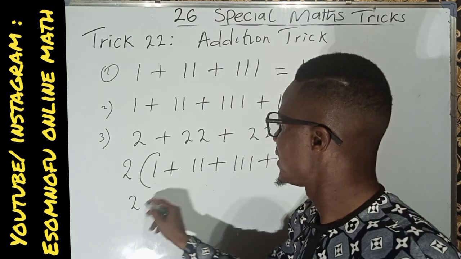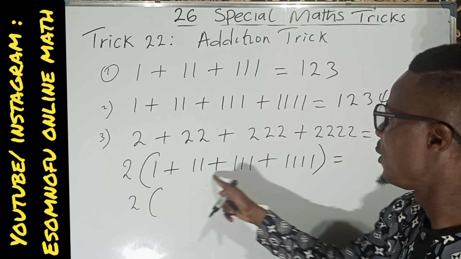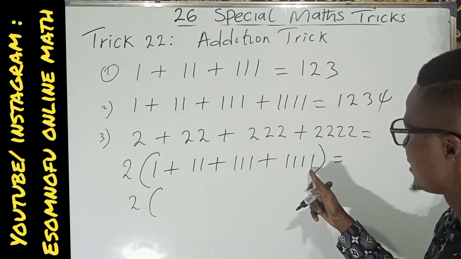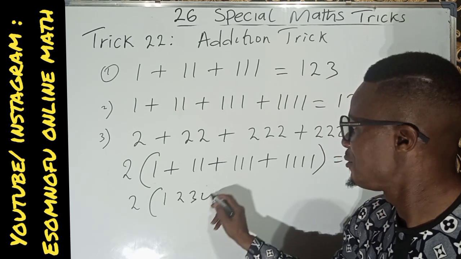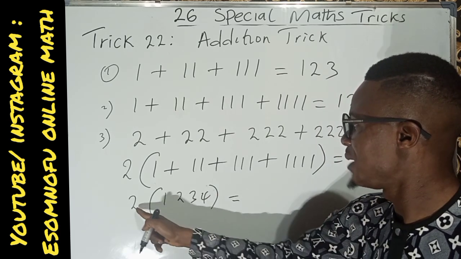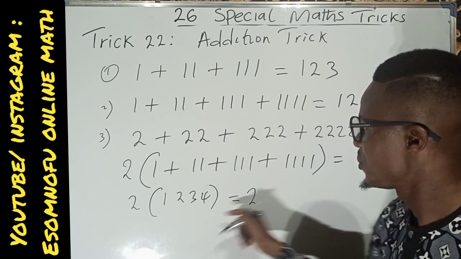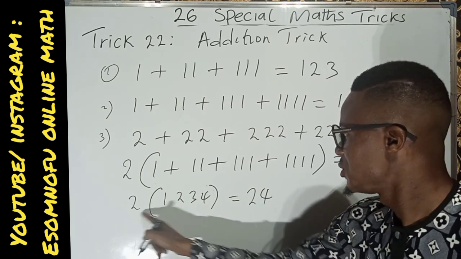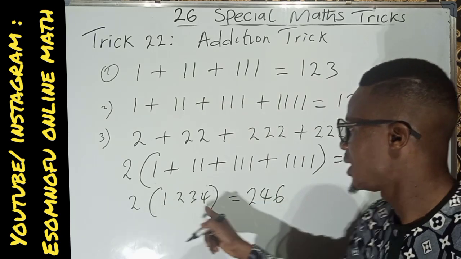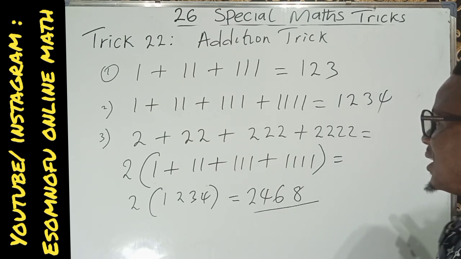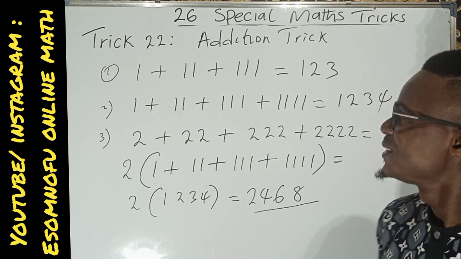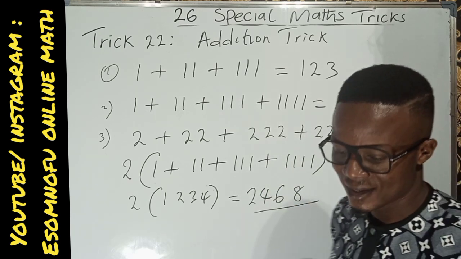Of course, you know that once it is having 1 1 1 1 everywhere, the last digit is 1 2 3 4. So you write 1 2 3 4. Then multiply by 2. 2 times 1 is 2. 2 times 2 is 4. 2 times 3 is 6. 2 times 4 is 8. So the answer is 2468.